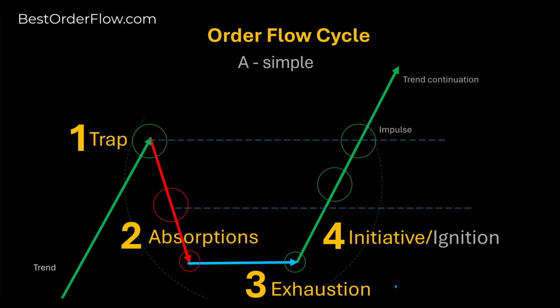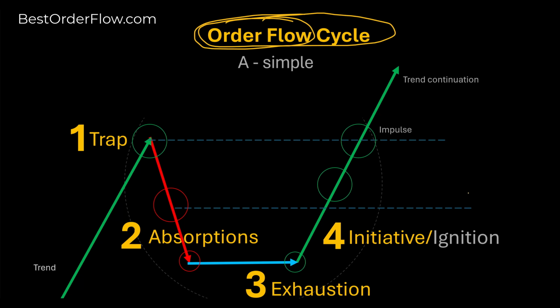Now, let me talk about the order flow cycle. Some of you never heard about that. There is not only the order flow inside one particular bar, but there is an order flow cycle. If you type in any AI, it's never going to give you what you're going to hear right now, because this is a new concept, which I have actually been talking about for many years, and I wonder why people don't discuss it.